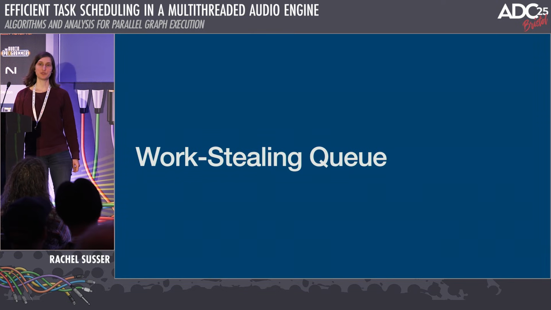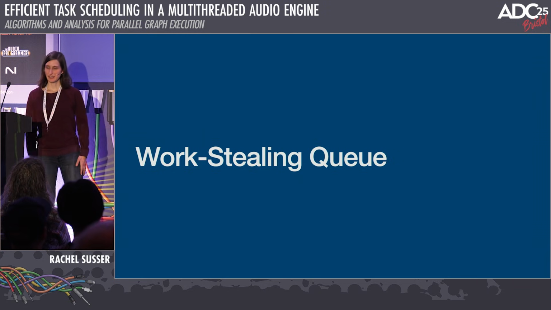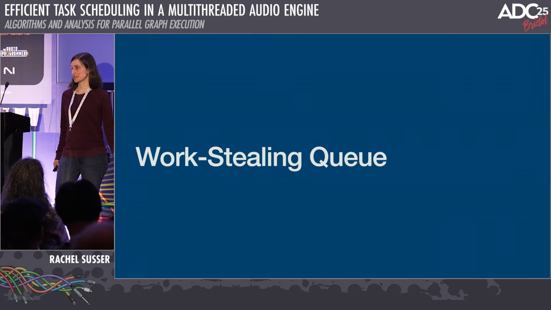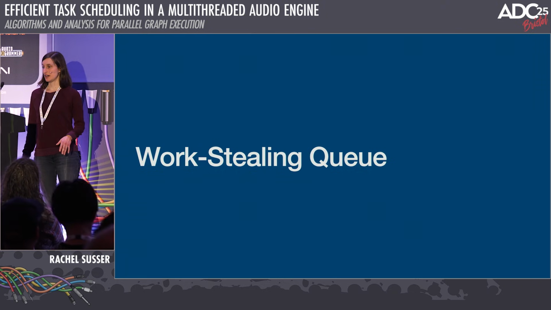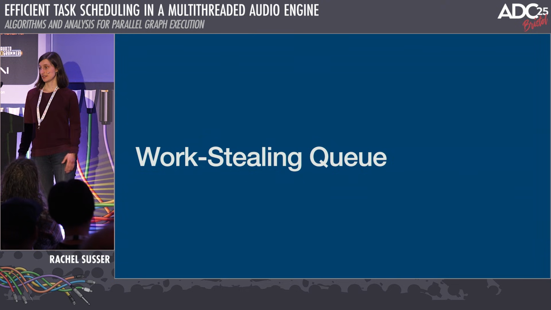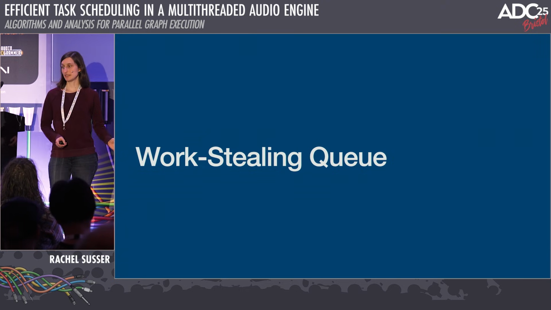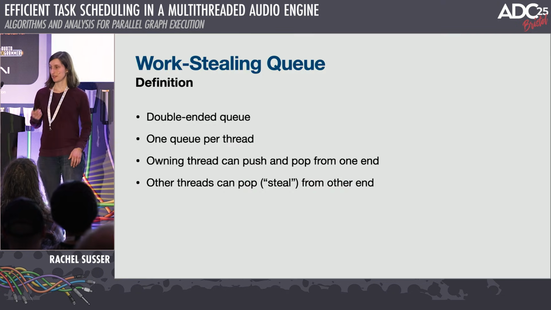Which brings us to work-stealing queues. The concept of work stealing has actually been around since the 1990s. Originally, it described how idle processors could steal threads from busy ones. The paper credited with inventing the work-stealing queue as a data structure was published back in 2005.